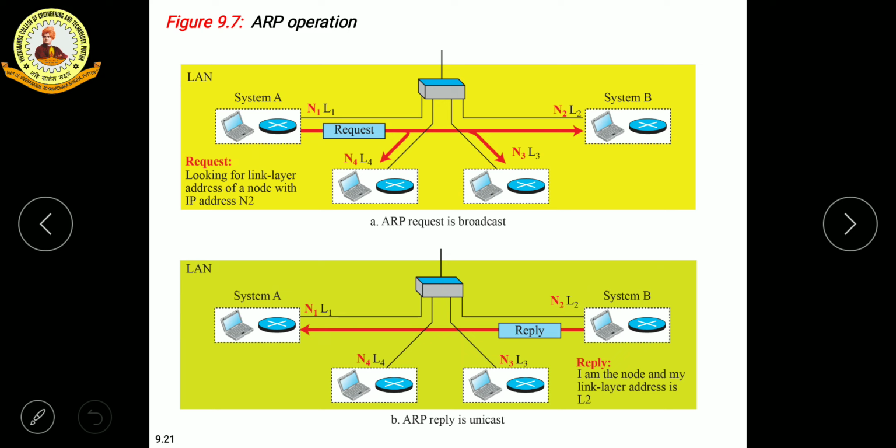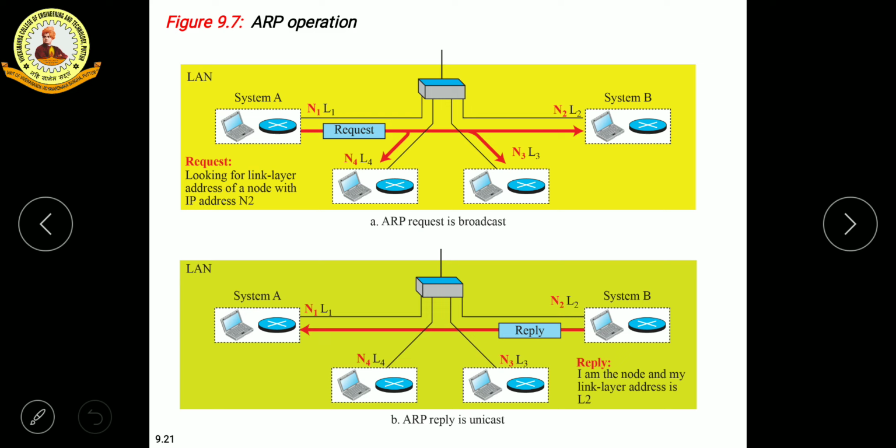Please write it down: explain ARP operation with neat diagram. So always ARP request is broadcast. It requests to everyone, whereas it gets reply from one of the nodes. Anytime a host or router needs to find the link layer address of another host or router in its network, it sends an ARP request packet.